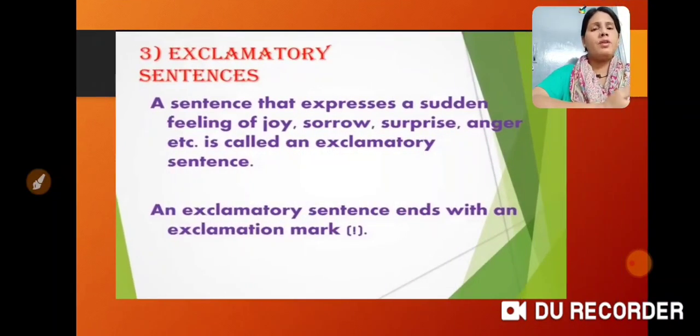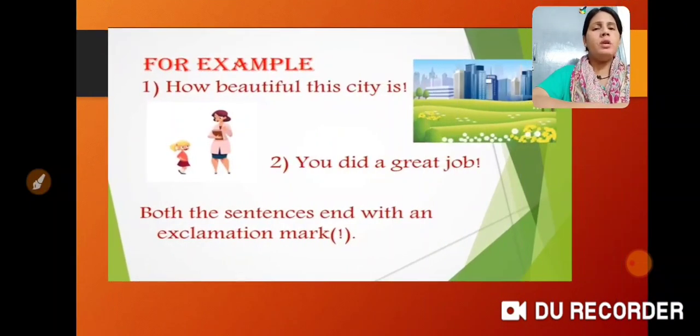Then the exclamatory sentence. As we have studied, a sentence that expresses a sudden feeling of joy, anger, sorrow, surprise is an exclamatory sentence, and it always ends with an exclamation mark. For example, how beautiful this city is!